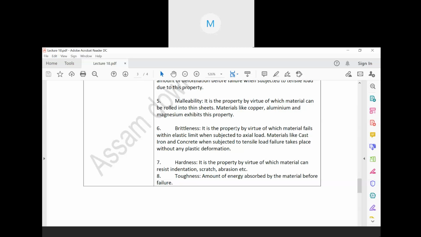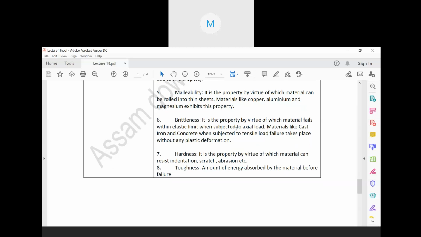That is the property by which a material can fail when subjected to load, like a material directly breaks down. In that case, it is called a brittle material.